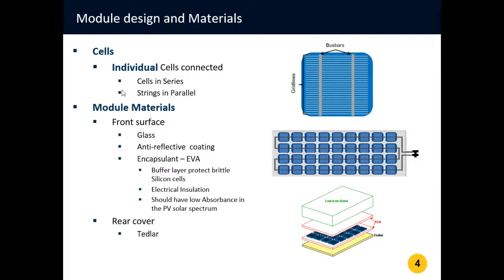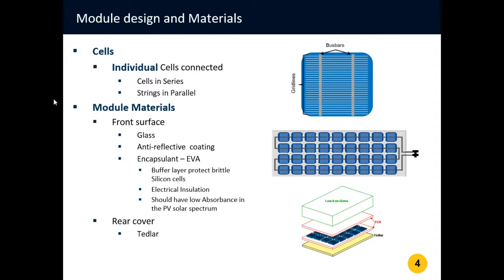So a cell consists of bus bars, which are an electrical contact on top of the cell material, and then the grid lines or grid fingers or contact fingers then run perpendicular to the bus bars.